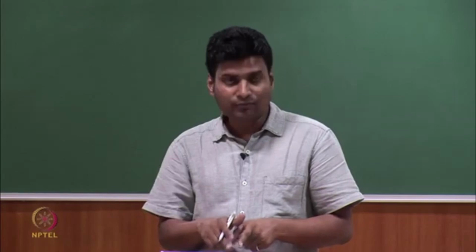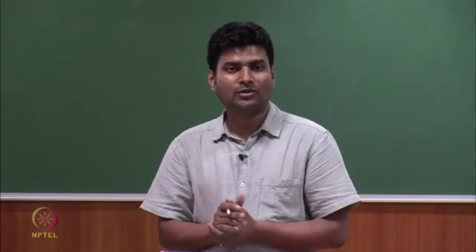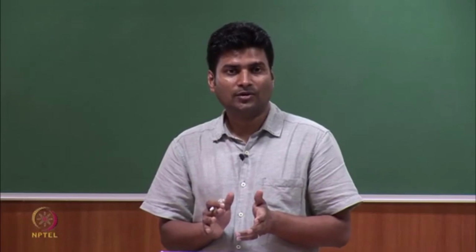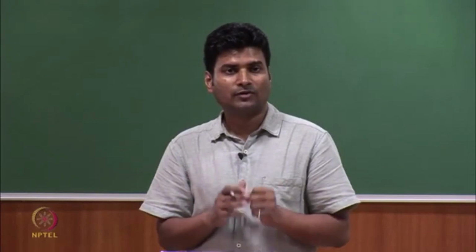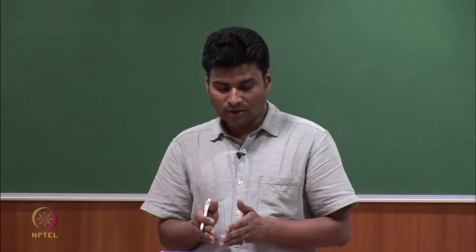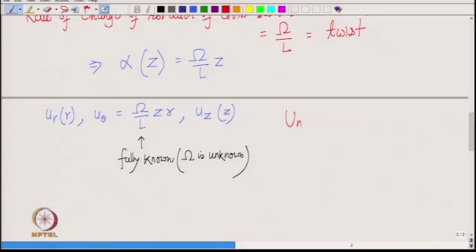But except for the omega, the mathematical form of u theta is completely known, but u r and u z, they are still unknowns. We only know that u r is a function of r and u z is a function of z. Okay. Unknowns are u r, u z and omega.